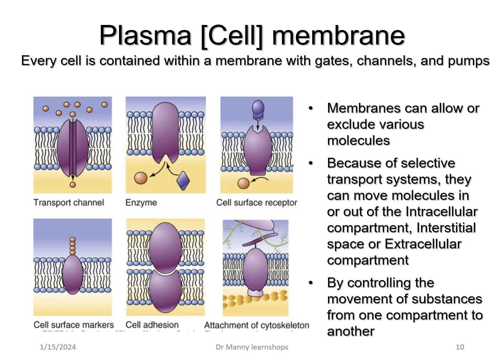And it's because of these selective transport systems that they can move molecules in and out of the intracellular, extracellular, and interstitial space. Therefore, the cell membrane is responsible for controlling the movement of substances from one compartment to another. Intracellular, interstitial space, extracellular. Extracellular, interstitial space, intracellular.